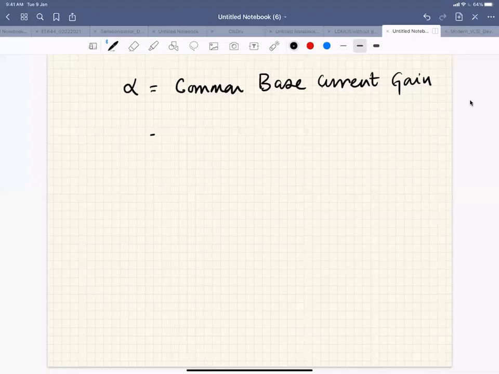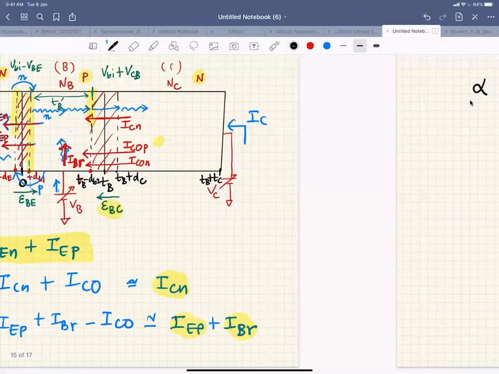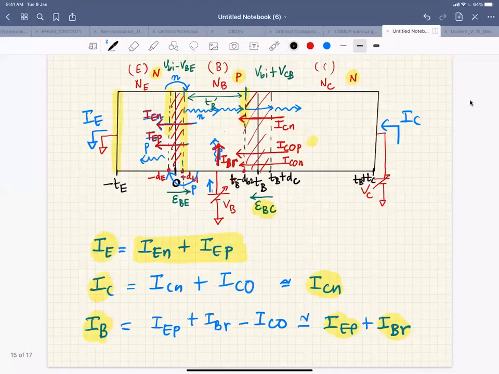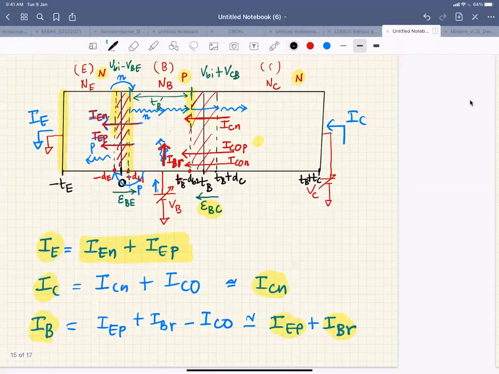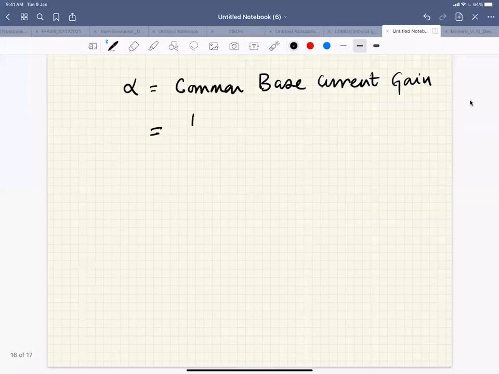Common base means the base is common, so as I told you yesterday, you give your input to the emitter and take the output from the collector. So this common base current gain is output current by input current, which is IC by IE.